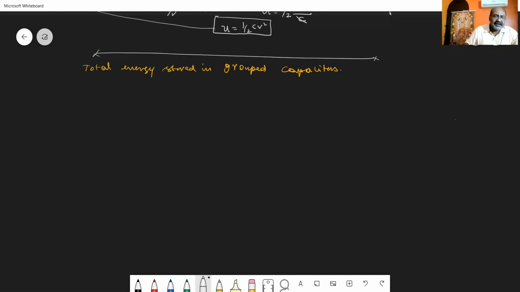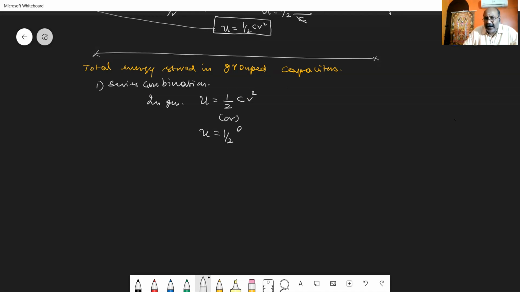We have two combinations. Number one, series combination. In the case of series combination, what is the total energy? In general, the total energy is equal to half CV square, or potential energy is equal to half into Q square divided by C. Instead of C, I am putting CS.